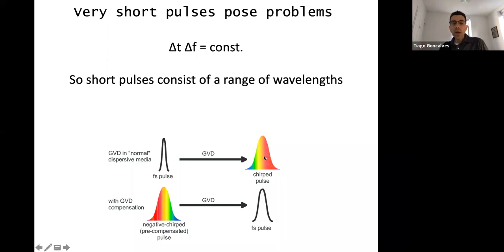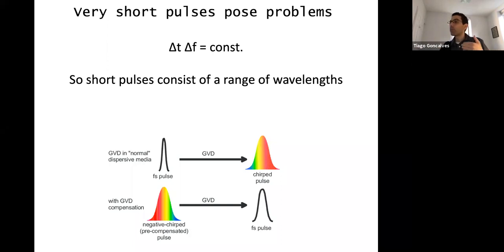That's why you have these pulses here, which are femtosecond pulses, but they actually have a range of wavelengths. And this comes from the bandwidth theorem. It comes from the fact that the full width at half maximum of a pulse and the frequency components of a pulse, this product is a constant. So if you want very, very short pulses, you'll have broader pulses with more wavelengths.